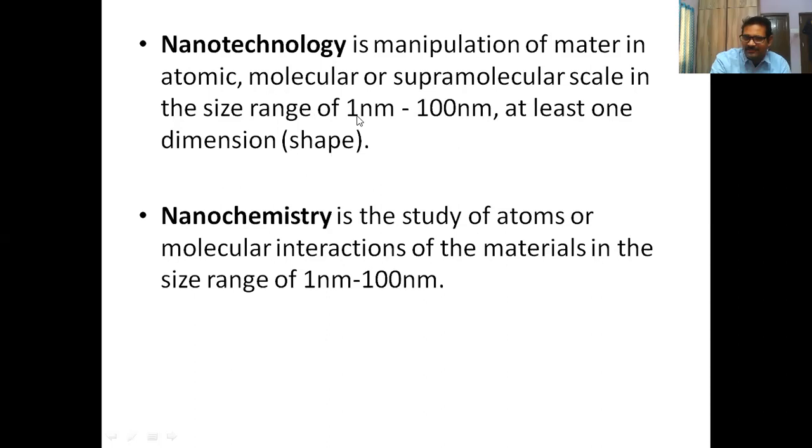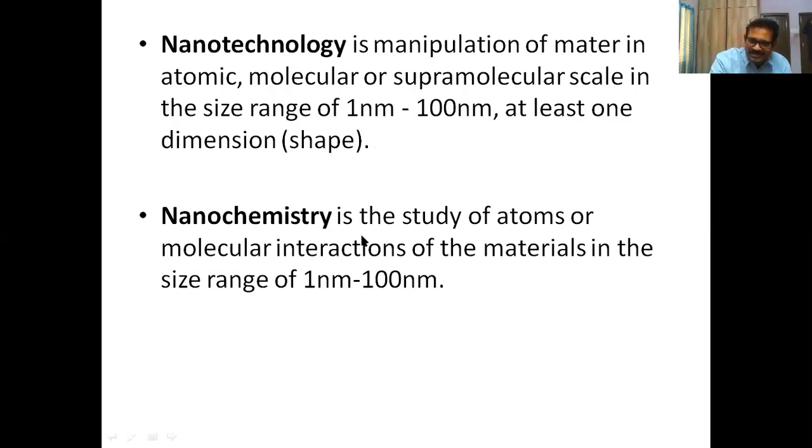So manipulating things, bringing the sizes to 1 nanometer to 100 nanometers, they normally behave in a unique way. So we are exploring those properties. The methodologies that we apply, we normally call nanotechnology.